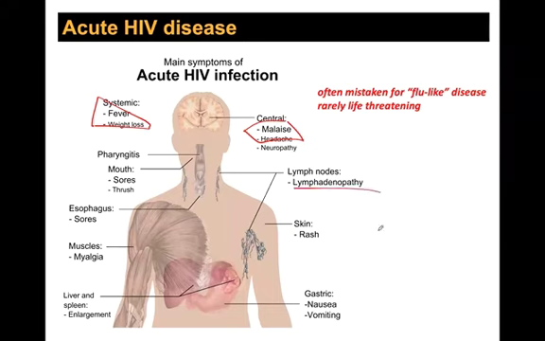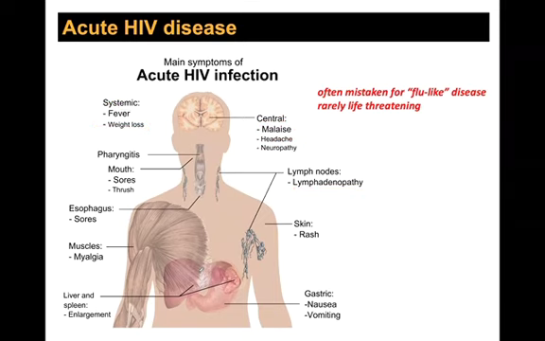Your lymph nodes will swell up because you're making an immune response to it. You can have rashes, nausea, vomiting. So 10 to 14 days after exposure, you're experiencing a flu-like disease, but then it goes away.